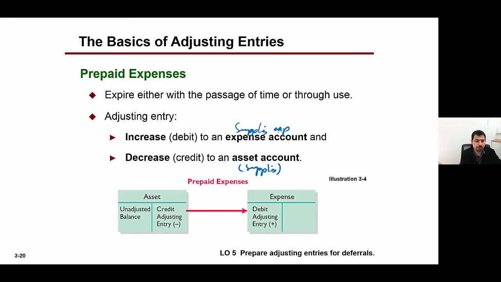Now, as you remember, expenses are debits. So in order to increase them, we debit the account supplies expense and we credit the asset account supplies in order to decrease it. So as you can see here, this is the unadjusted balance of the asset, supplies. Here we credited the asset and we debited the expense.